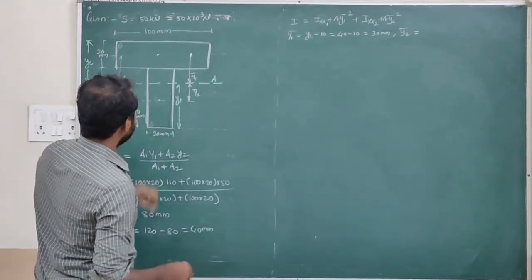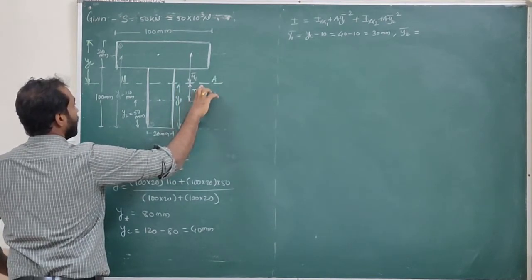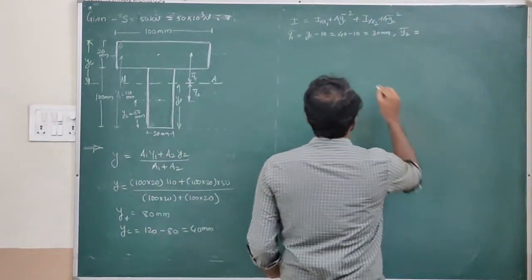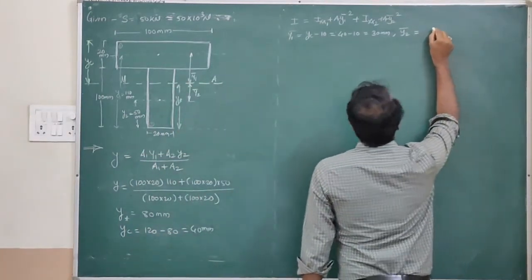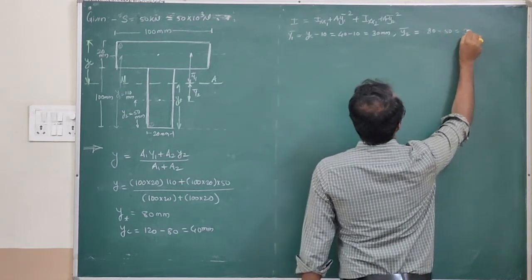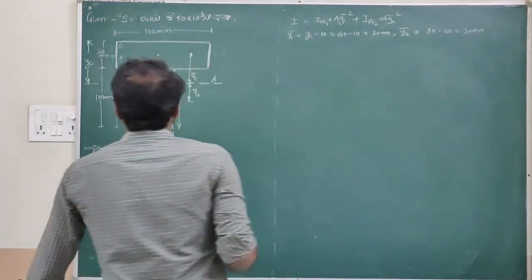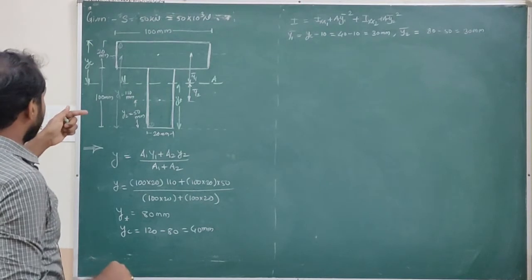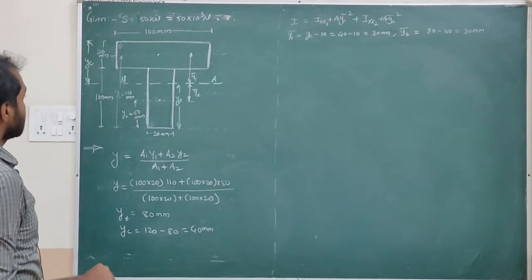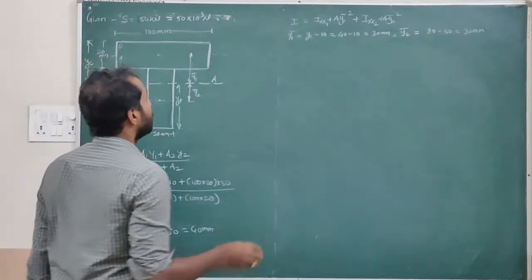So y2 bar will be 80 minus 50, which is again 30 mm. Let me check. y2 bar we required, so it is complete distance yt minus 50, yes, so it is 30 mm.